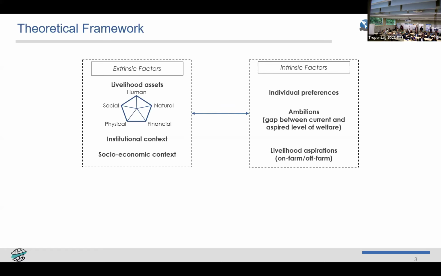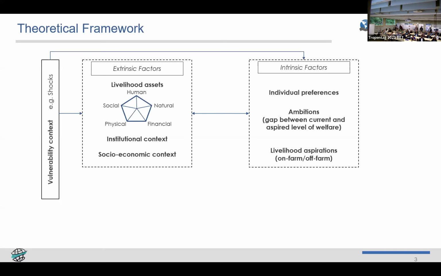Where do they want to go? And the livelihood aspirations. Do they have on-farm aspirations or off-farm aspirations, or maybe none of the two? Then in the next step, we also include the vulnerability context that is affecting the households. All of these factors lead to the capabilities of the households. So what can they achieve?